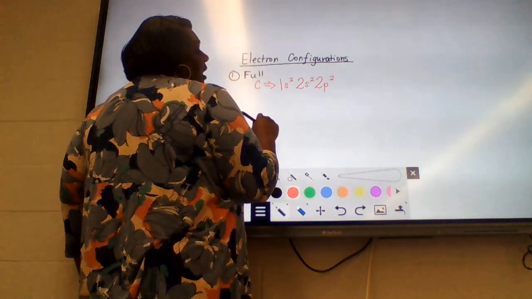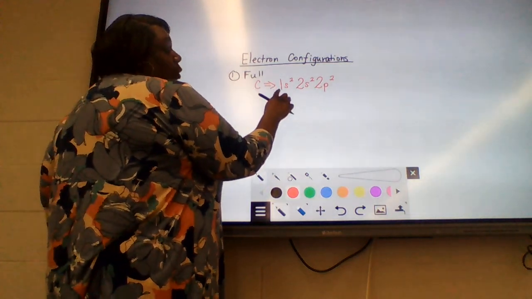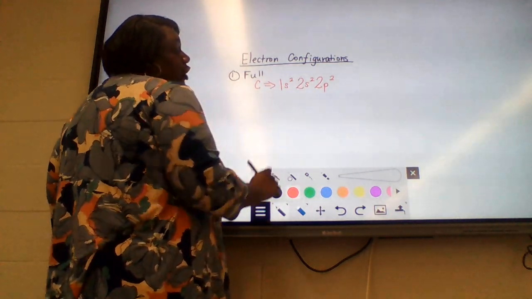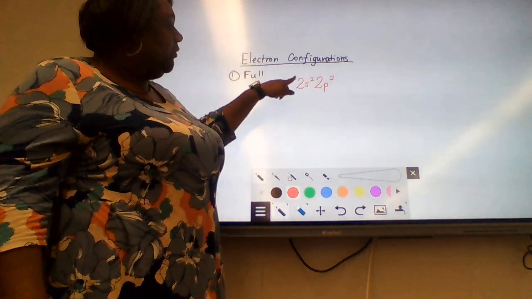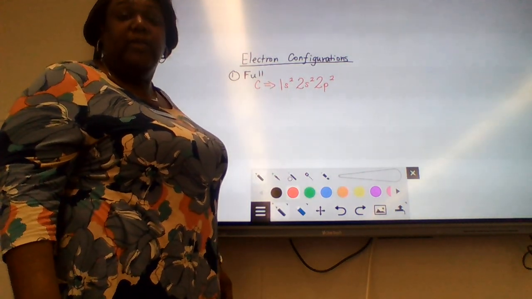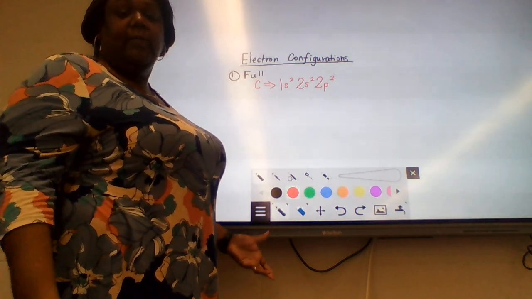And so my configuration for carbon would be 1s2, 2s2, 2p2. Now, if you add these exponents together, you should end up with the atomic number for the element that you were trying to do.